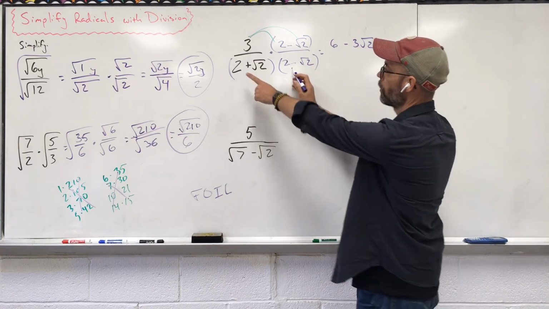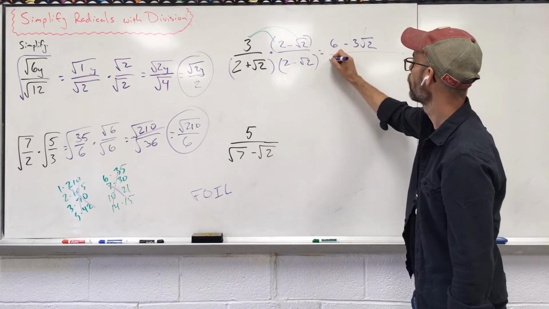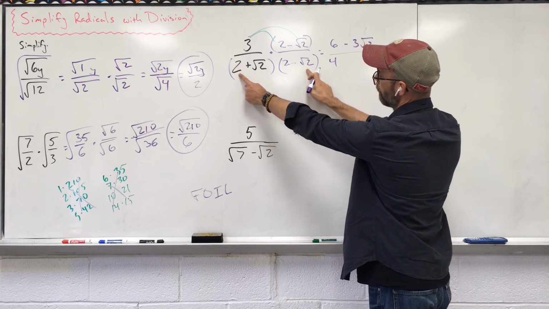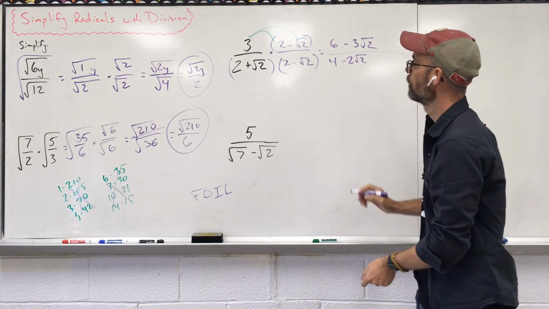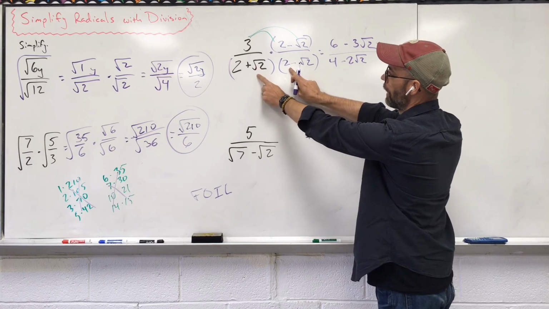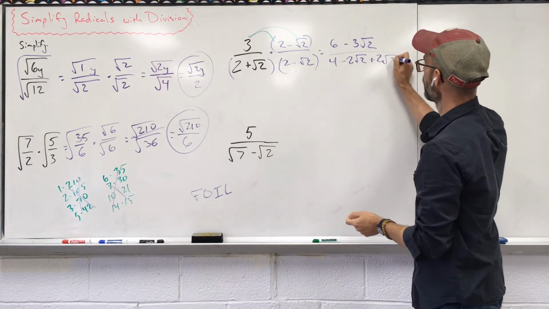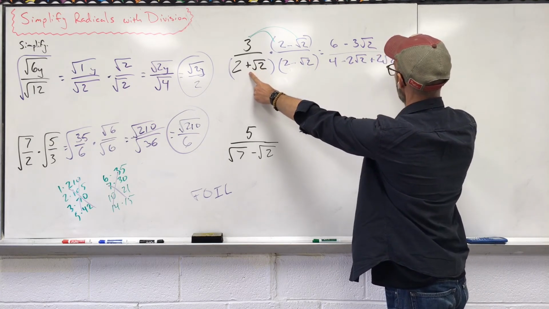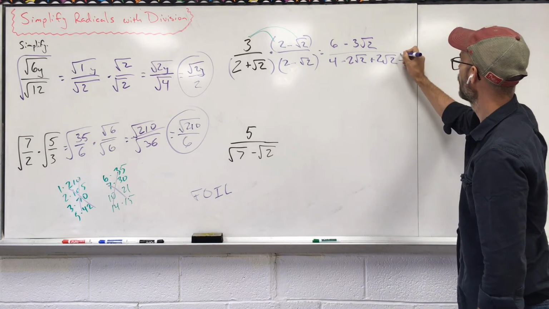So my first numbers, 2 times 2 is going to give us 4. My outside, 2 times negative radical 2 is going to give us negative 2 radical 2. Inside numbers, radical 2 times 2 gives us a positive 2 radical 2. And last, positive negative gives us a negative. 2 and 2 gives us 4 inside the house.